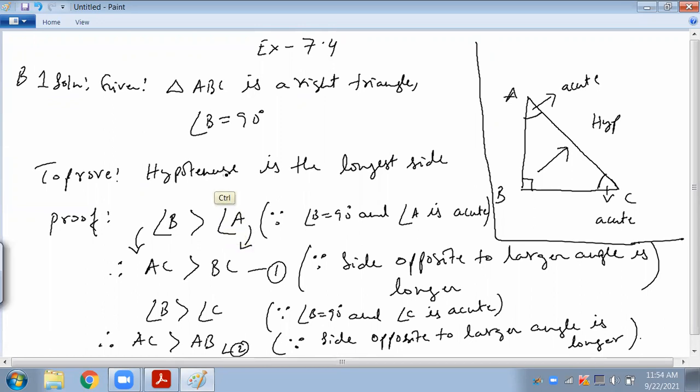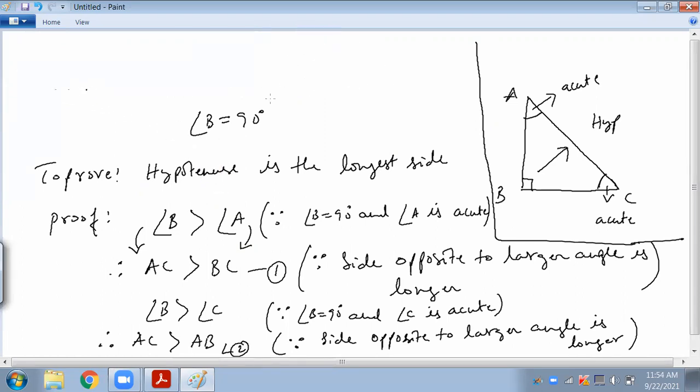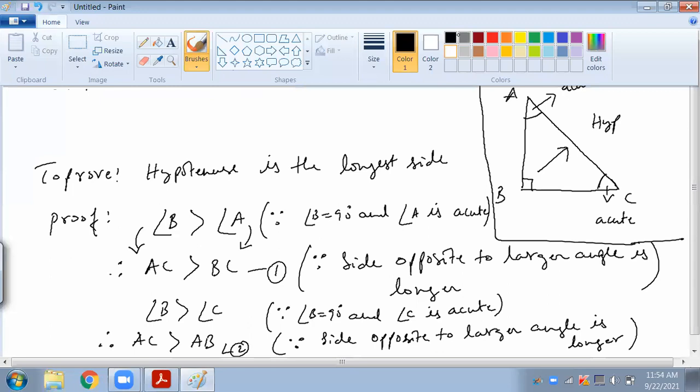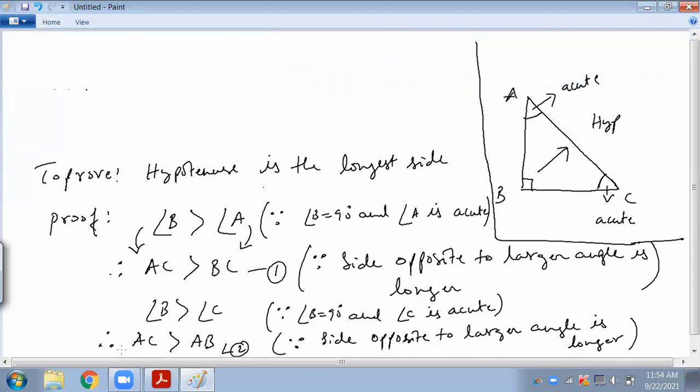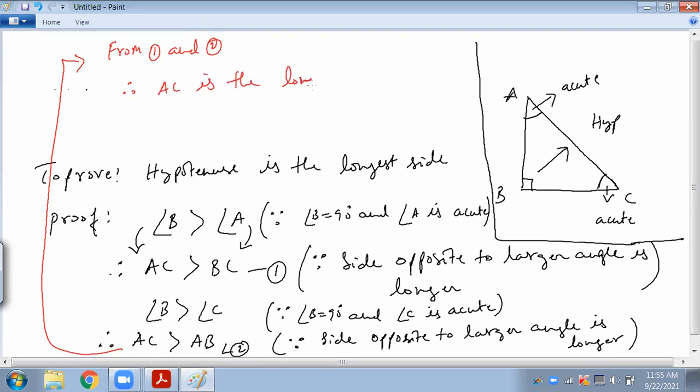So from equation number 1 and 2, we have shown AC greater than BC and AB also. Therefore, AC is the longest.